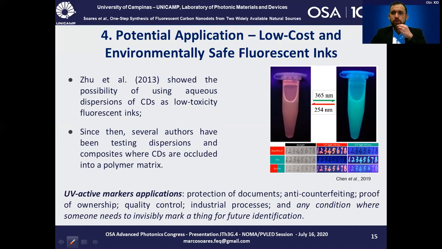For example, recently it was shown that occlusion into a solid or even polyvinyl alcohol matrix allows the obtainment of phosphorescence or even delayed fluorescence. These UV-active markers present lots of applications, for example, protection of documents, anti-counterfeiting, proof of ownership, quality control, industrial processes, or any condition where someone needs to invisibly mark things for future identification.